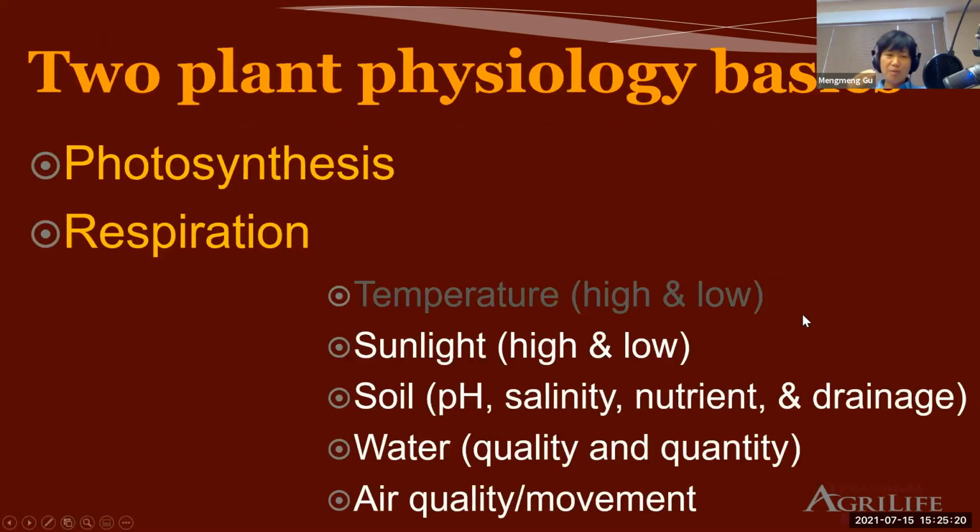Okay, so that was temperature. Like I said, low temperature is many times almost an instant kill, so you wouldn't make that mistake again. You wouldn't plant those specific plants. And then for sunlight, soil, water, and air quality, these types of stressors don't necessarily kill your plants instantly, but they may affect plant growth.